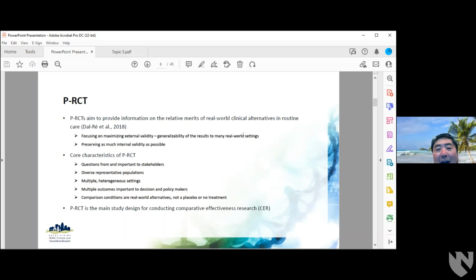But at the same time, the trial tries to preserve as much internal validity as possible.